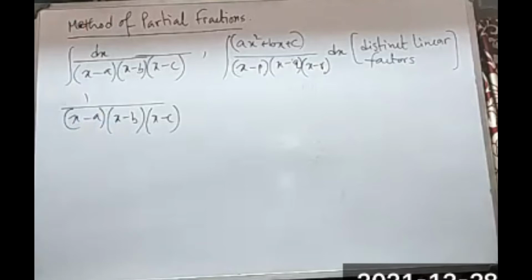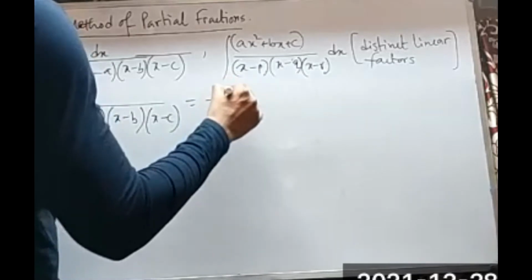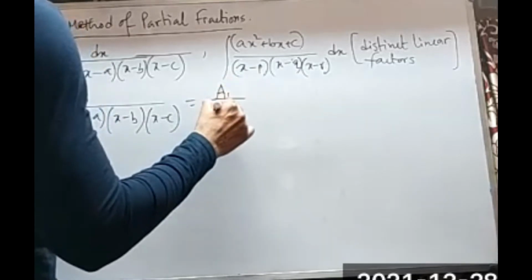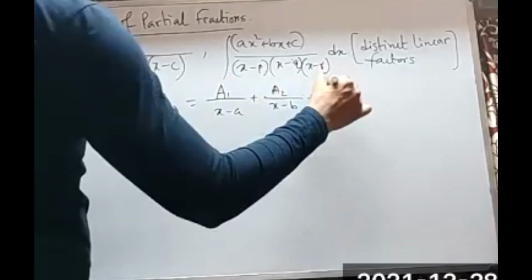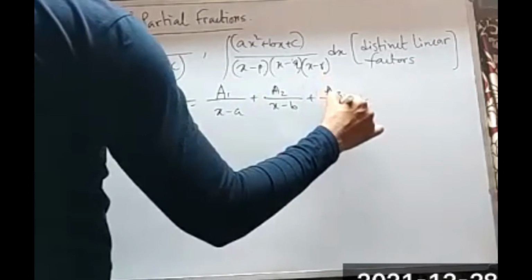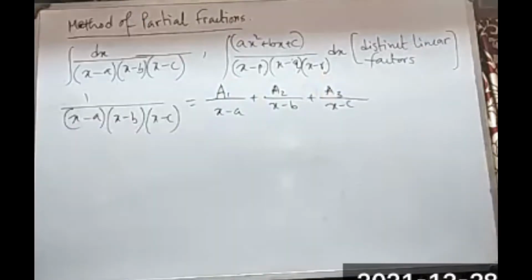First we are looking at how we can write it simply, so that we can do like this. Whenever this type of expression is there, we can write it as capital A1 by x minus a plus capital A2 by x minus b plus capital A3 by x minus c. So each linear factor can be written like this, whatever the numerator is. For this one also we are doing the same thing.